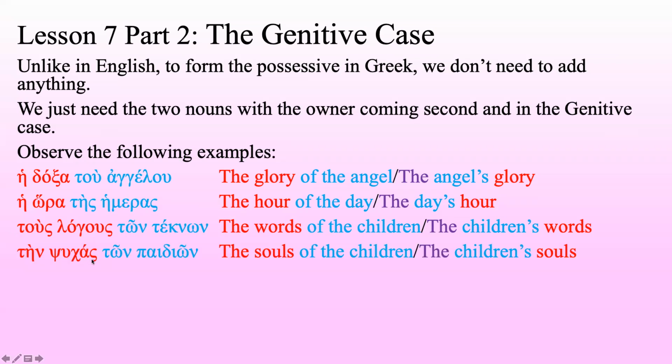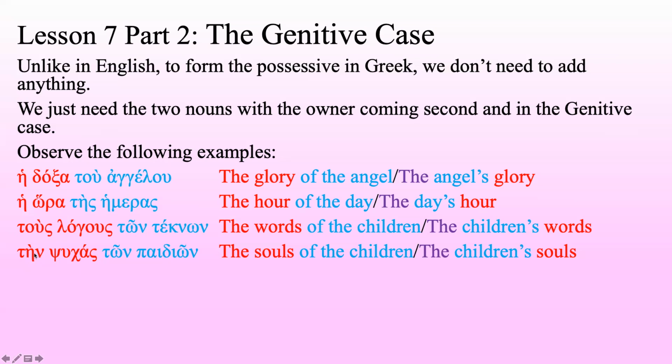All right, tas psychas ton paidion. This actually has an error right here. This should be tas. So just make a mental note here. That's supposed to be tas psychas ton paidion, the souls of the children. This is feminine plural accusative, assuming that was actually "as" like it's supposed to be.